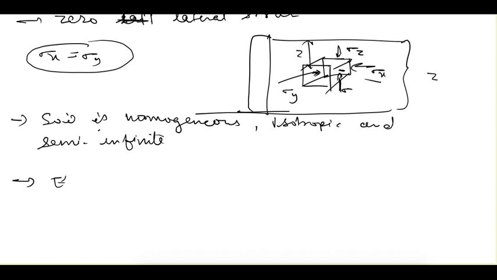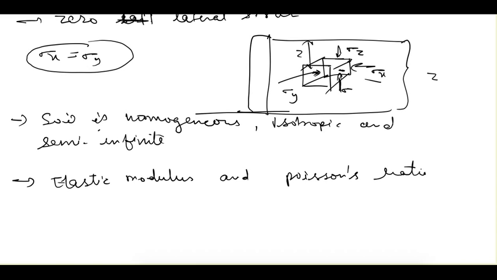And since we are talking about the elastic theory, the elastic modulus, denoted with E, and Poisson's ratio mu are taken as constant for the whole soil mass.